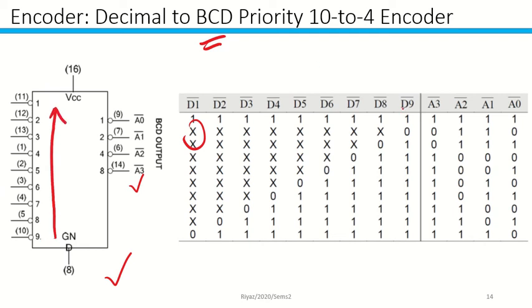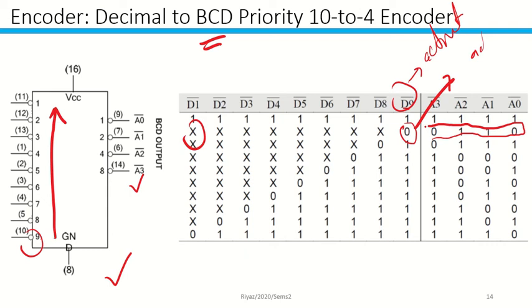Because this is active low, whenever you have a 0 over here, this particular input is considered activated, and this particular code will be produced. So 0110, in a reverse way, because this is a bar, the output should be 1001, which is similar to the number 9 that we taught earlier.